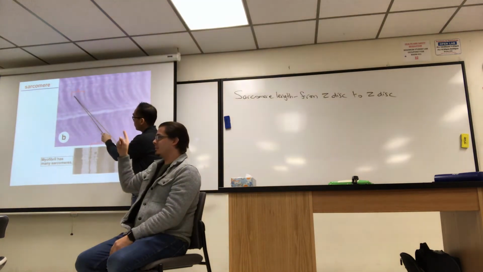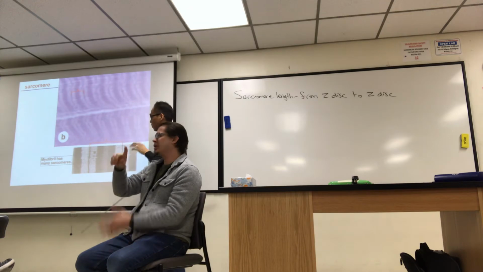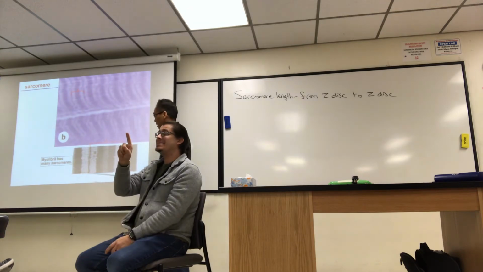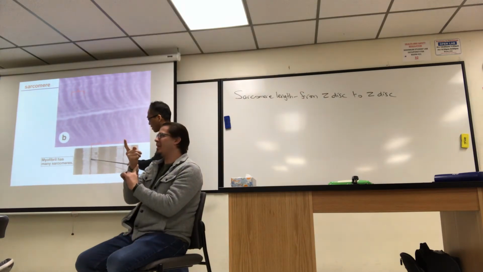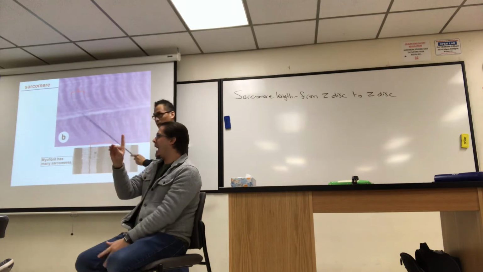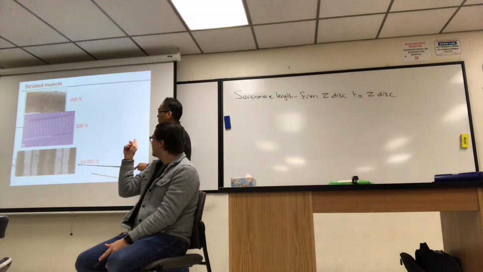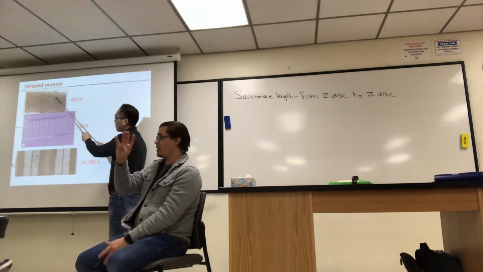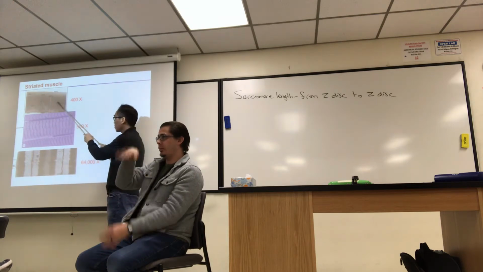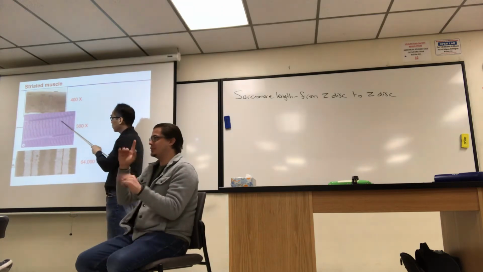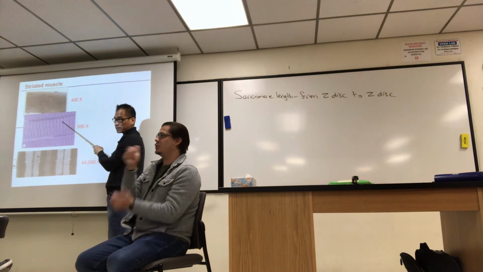At 500x, you can start to see how the Z-disc kind of bisects this light band. Remember, at 400x, all you see is light bands, dark bands. But you can't really see the Z-disc until you get past 400x.